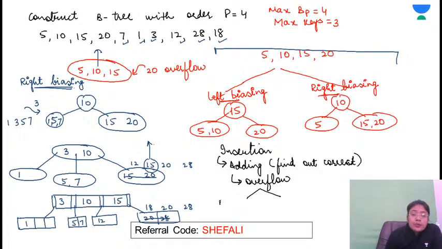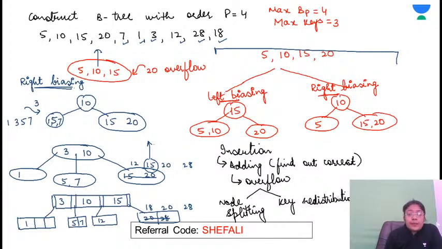One is node splitting, and the second case is key redistribution. Key redistribution method must be followed in case they are asking for the minimum number of splittings.